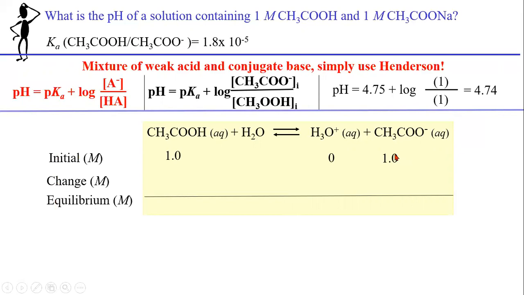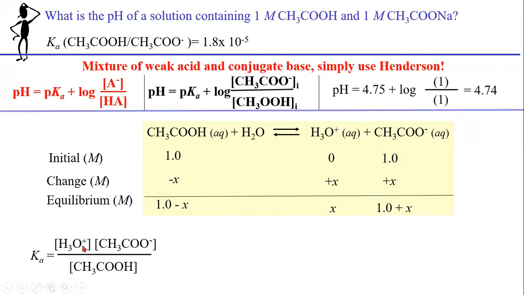That's an amount present in your solution. Great. Now change: minus x, plus x, plus x, and now you have your equilibrium concentrations. What is different between this and what we had seen before? It's this common ion. Now it's a 1 plus x.